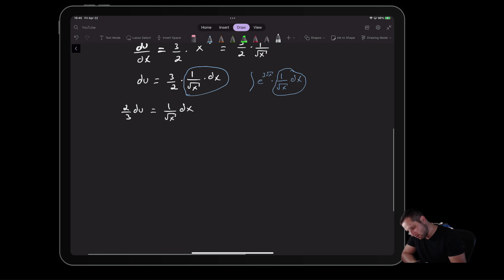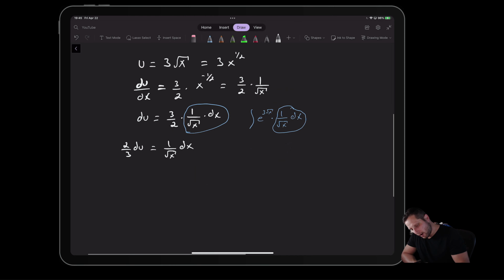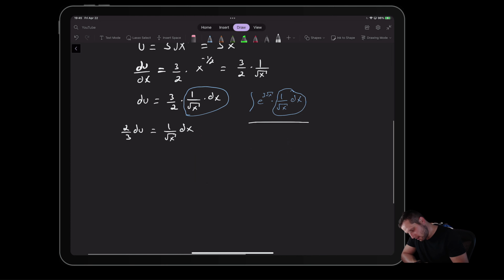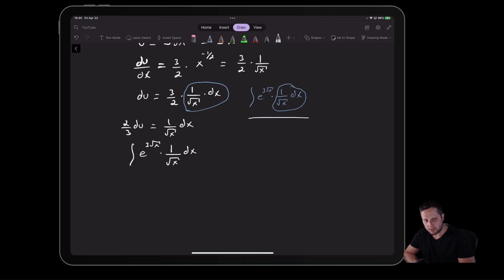So let me rewrite the integral again. So we have e to the 3 times square root of x times 1 over square root of x times dx. I'm only rewriting it so you can see exactly where the u-sub is happening. You don't have to show this many steps when you're working it out yourself.